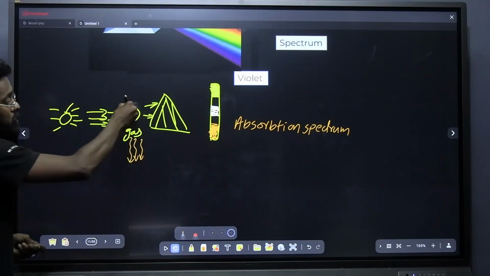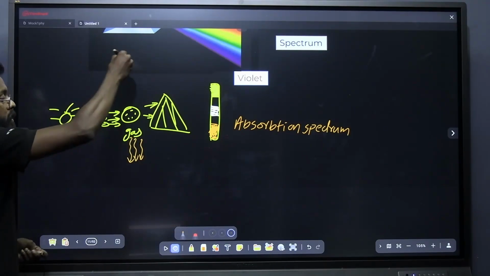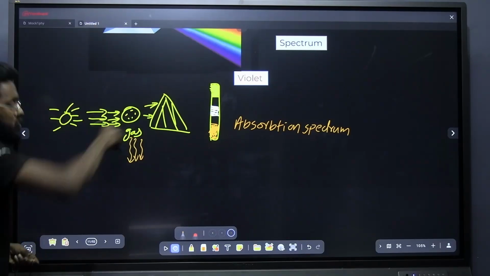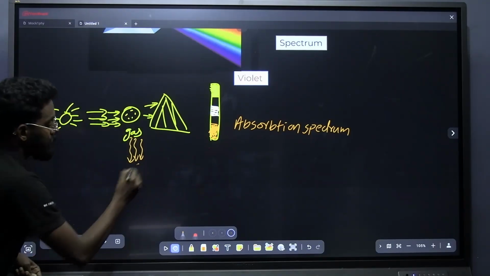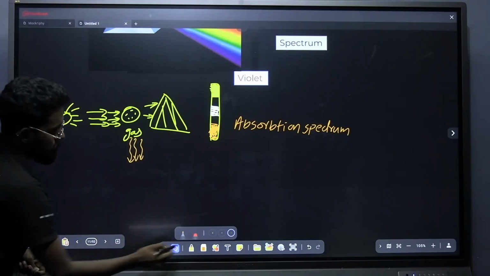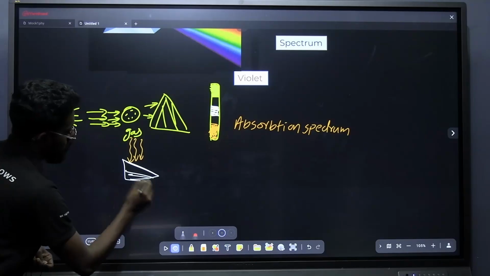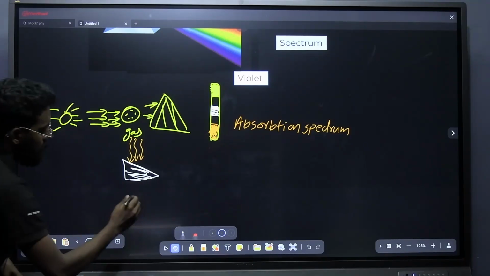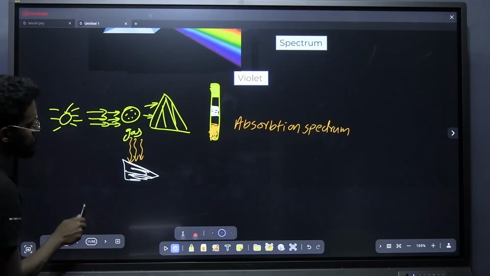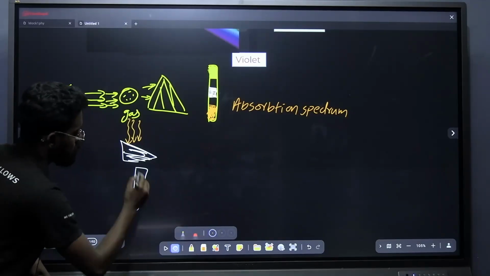When it comes back to the lower level, it will be emitting radiation. The gas which has absorbed some radiation will excite the electrons to the higher level. When the electron comes back to the lower level, it will emit some radiation, and that radiation I can also pass through a prism, and after passing it I will be getting a spectrum.